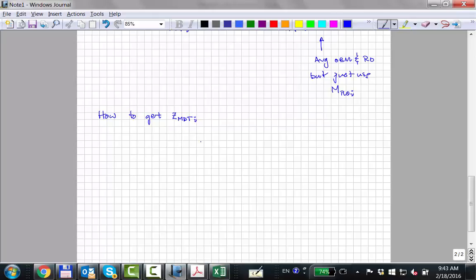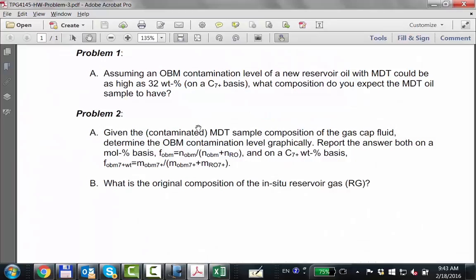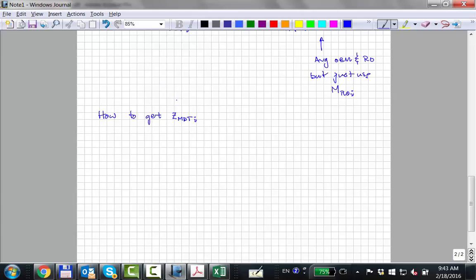That's what we're looking for. Okay. What composition do you expect the MDT oil sample to have? That's what you're looking for. Okay?